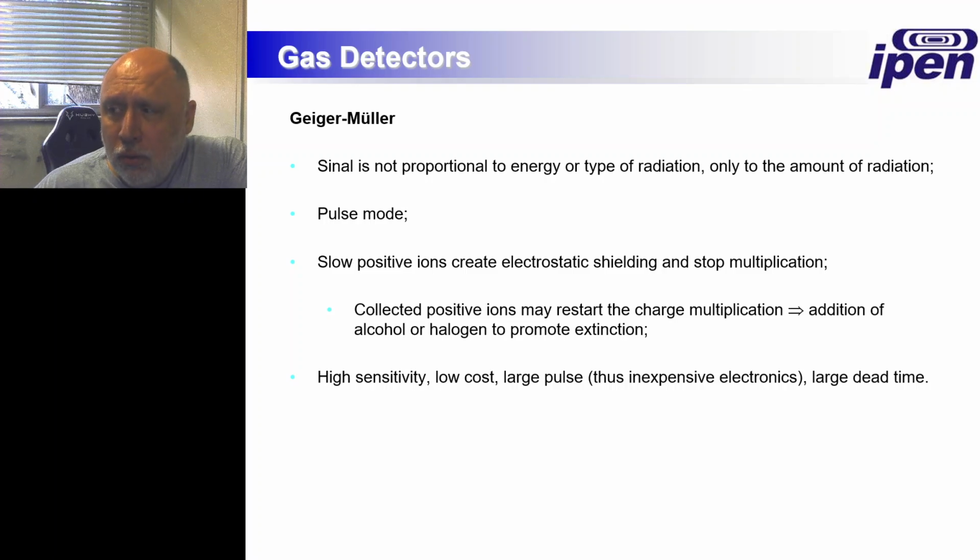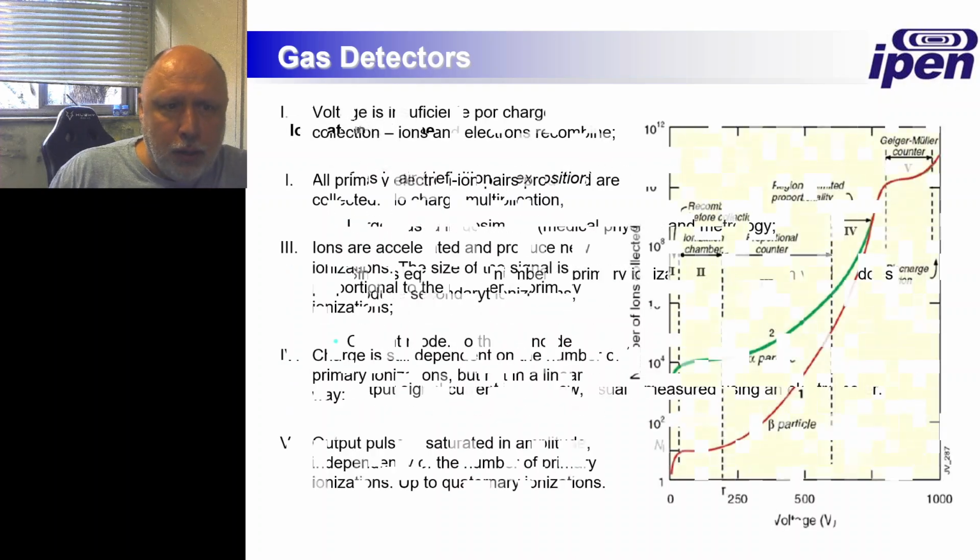Then we start giving even more tension and voltage, and then we come to the Geiger-Müller. In the Geiger-Müller, the signal is not proportional to energy, or to the type of radiation. It's only sensitive to the amount of radiation. If you remember the figure here, just go back a bit.